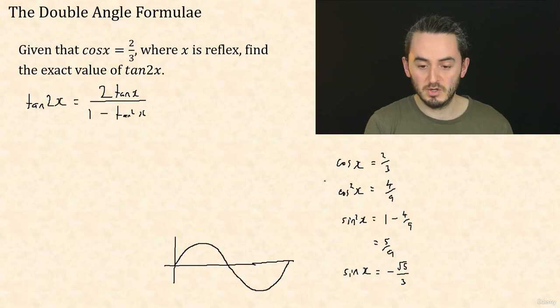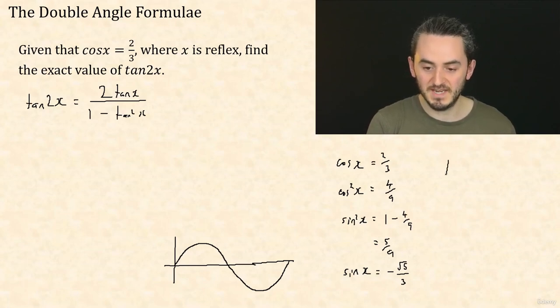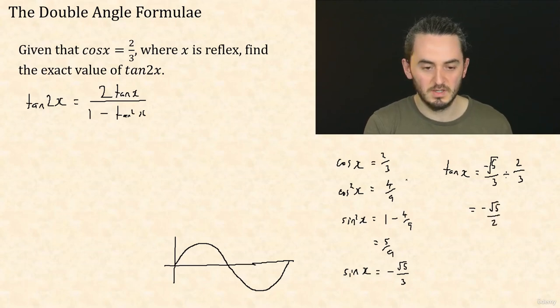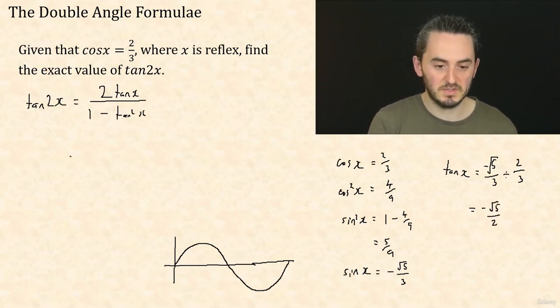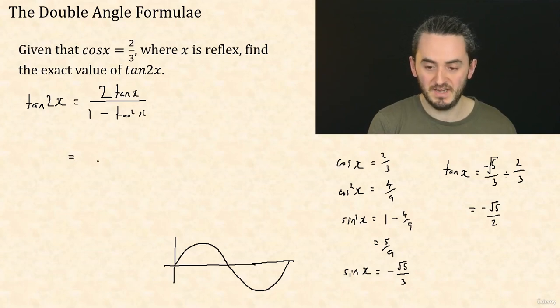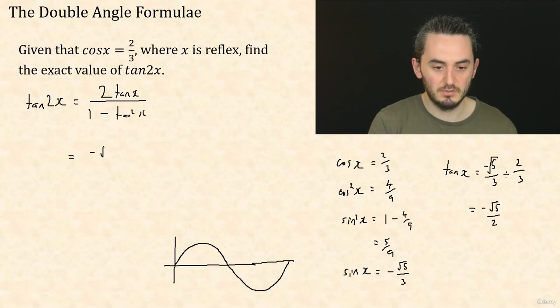Okay, now that I know what cos x is and sine x, I know that tan x is sine x over cos x. So that is minus root 5 over 3 divided by 2 over 3. And what's that? That's minus root 5 over 2. So now that I know what tan x is, I can work out what tan 2x is. So we've got 2 tan x, so that is 2 times this, which is just negative root 5, divided by 1 minus tan squared x.